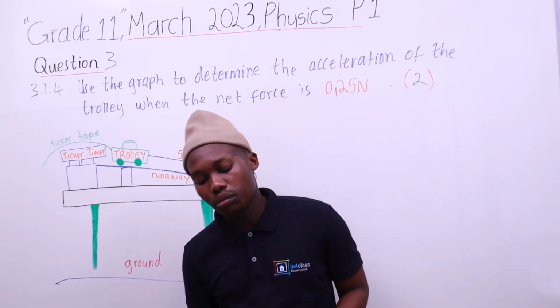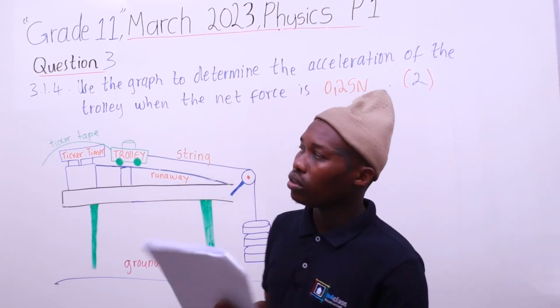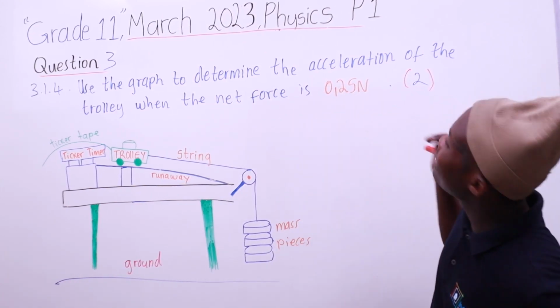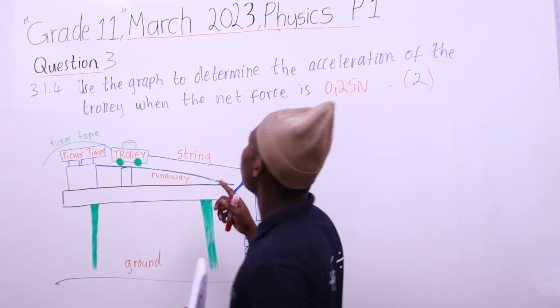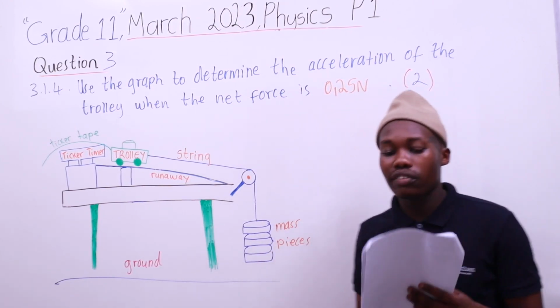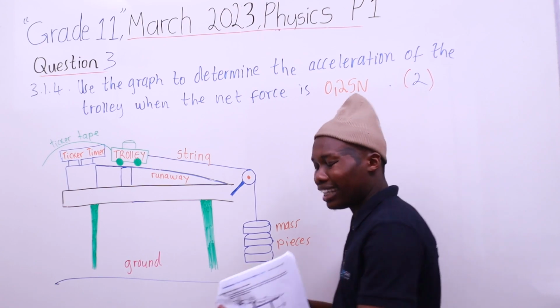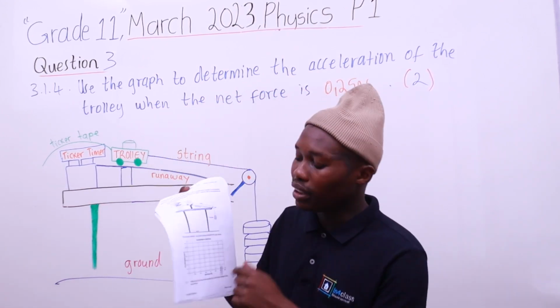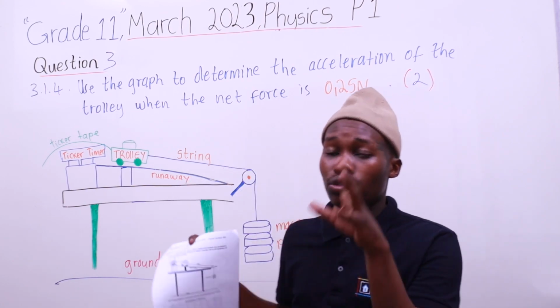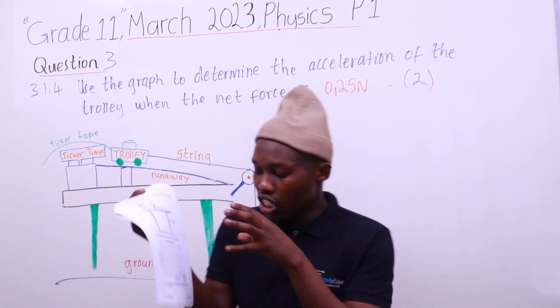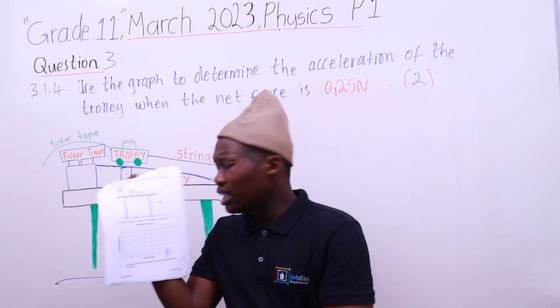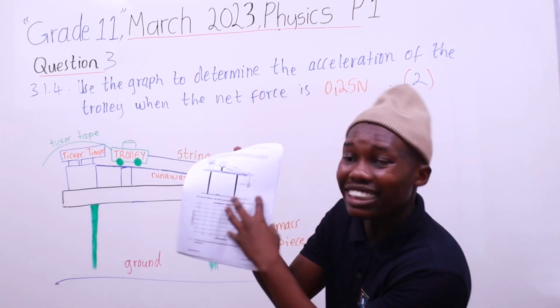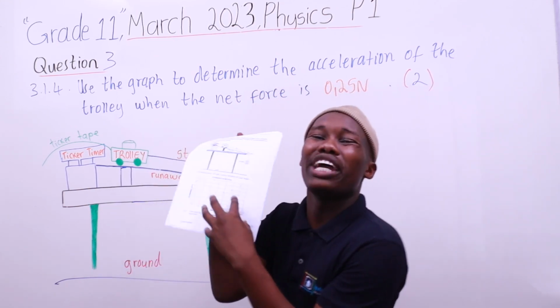Alright, question 3.1.4. Use the graph to determine the acceleration of the trolley when the net force is 0.25 Newton. So when you take the question paper you were given, where you joined the dots, which is what we did earlier, even if you did not draw it, the answer is on the graph they gave you.